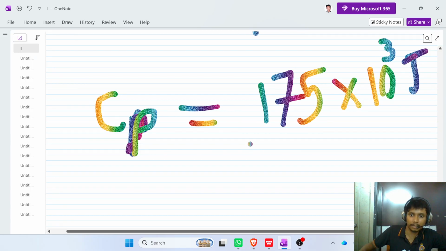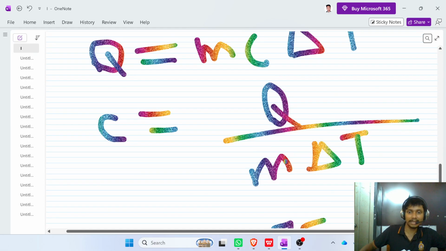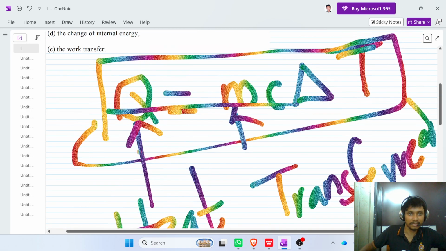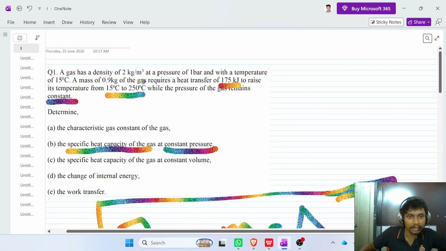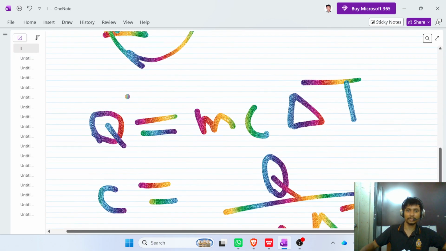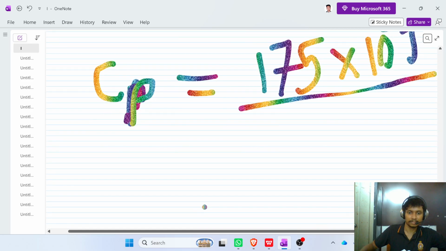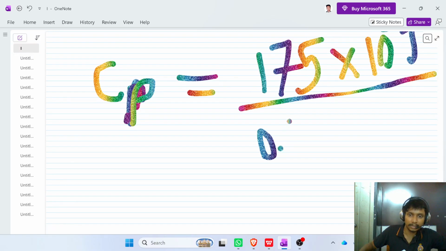175 into 10 to the power 3 joule divided by m. What is the mass of the gas? They have already given it: the mass of the gas is 0.9 kilogram.